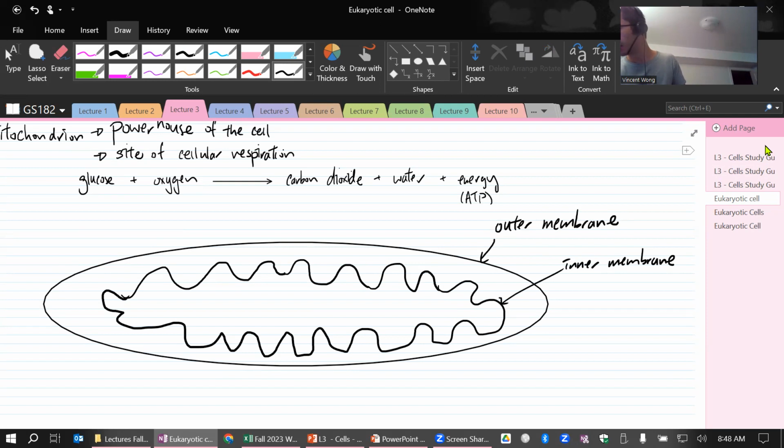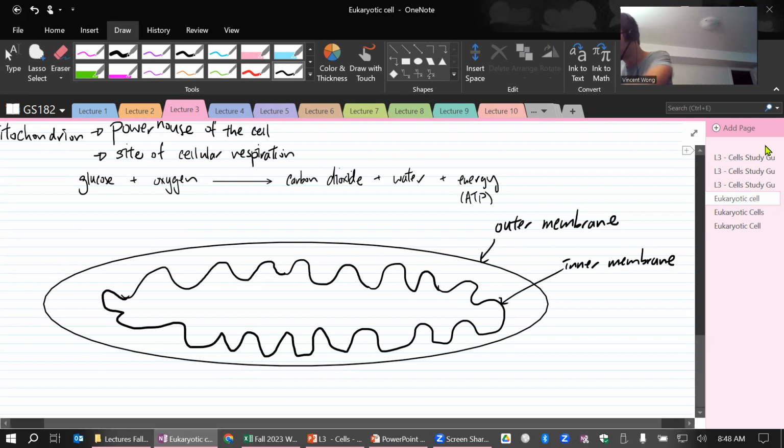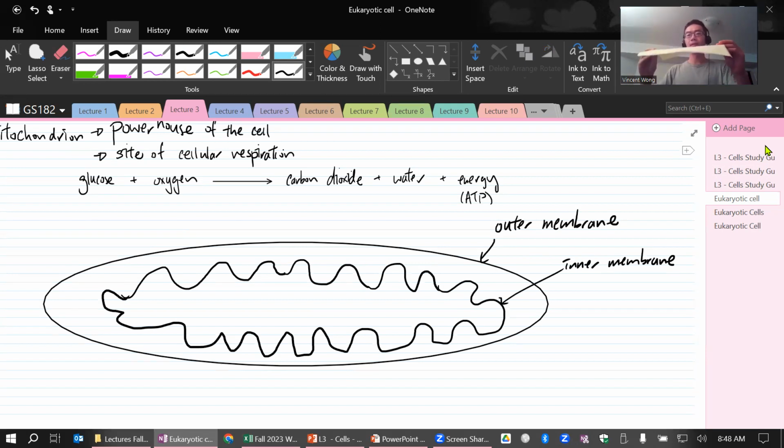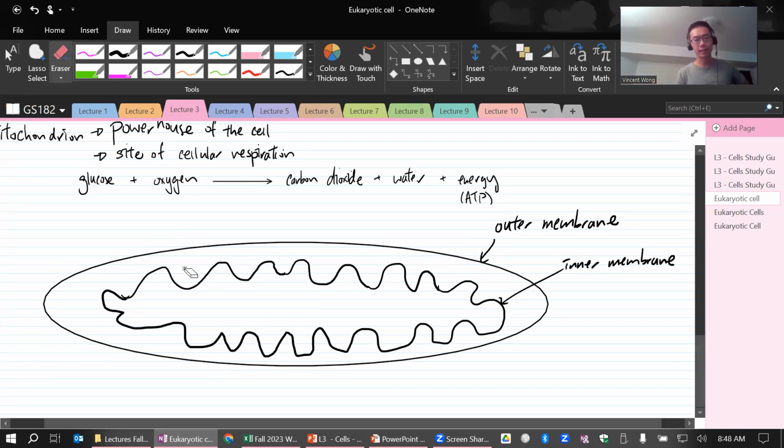Let me see if I have a paper here. Right, so this is the inner membrane. Rather than smooth, it folds up like this, into these structures. By folding up, it allows you to pack more membrane, right?